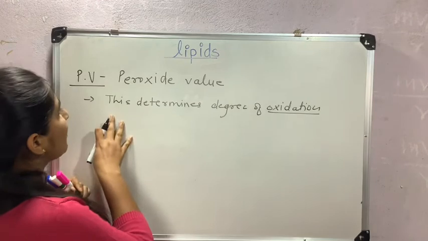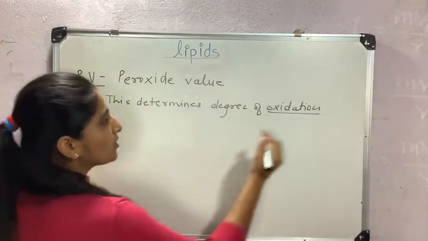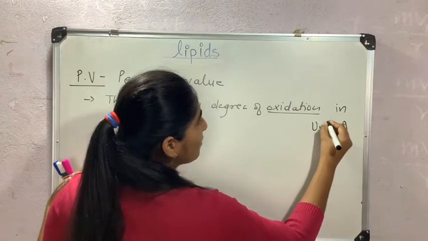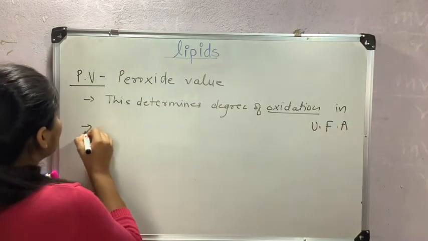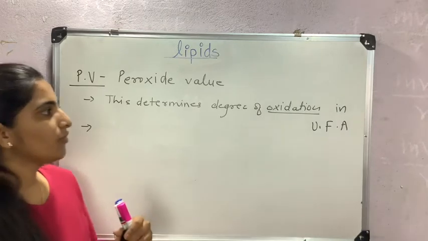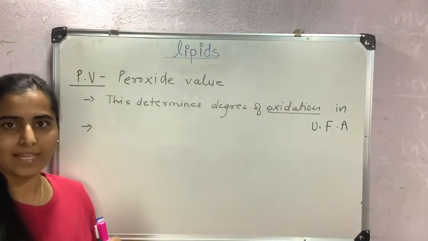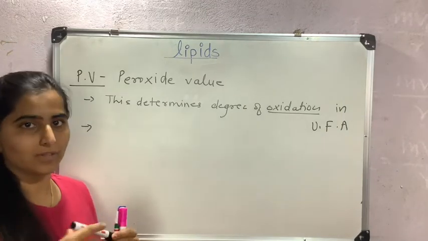Therefore, this peroxide value is used to determine the degree of oxidation in unsaturated fatty acids or mostly in vegetable oils. So with peroxide value we can determine primary oxidation products like peroxides, especially hydroperoxides.